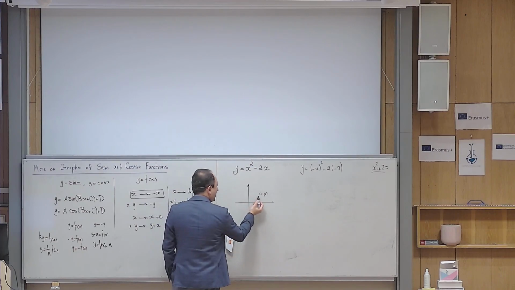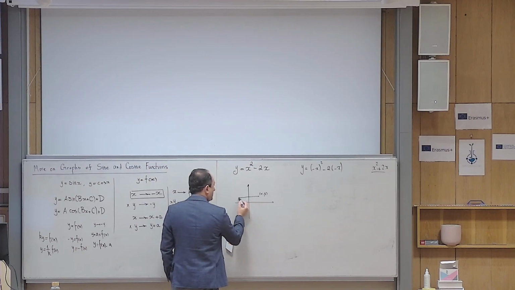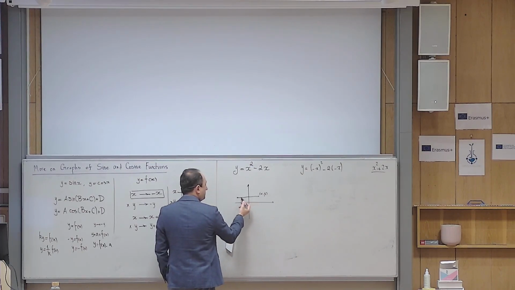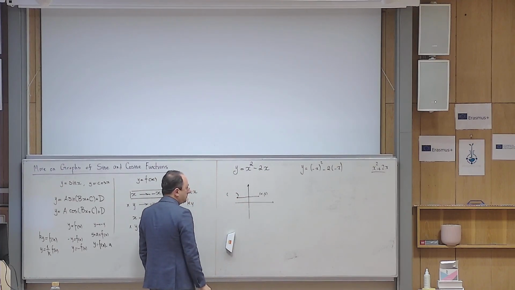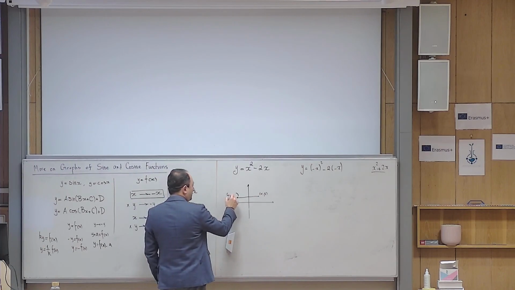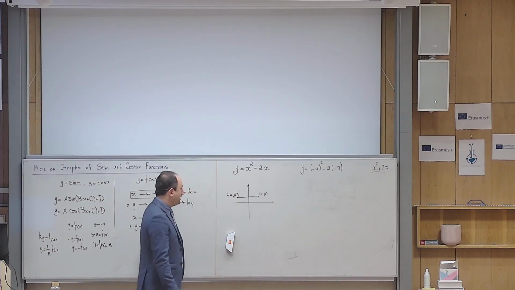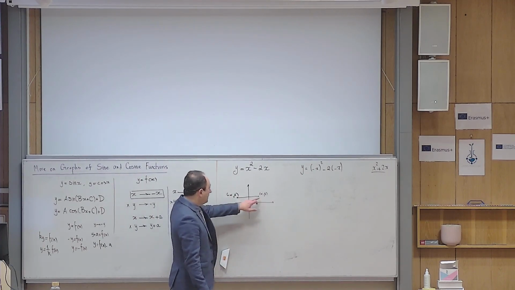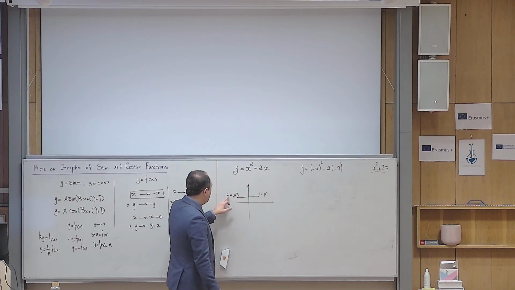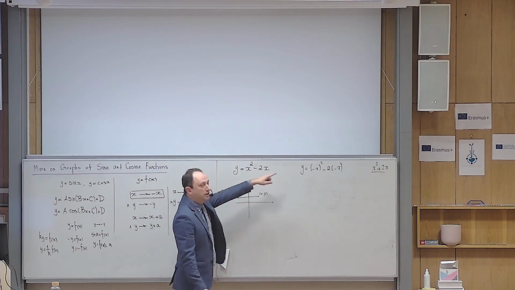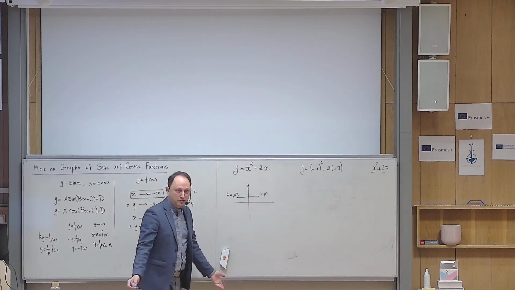My claim is that if you flip this about the y-axis, what are the coordinates now? Minus alpha and beta. My claim is that if alpha and beta is on this graph, minus alpha and beta will be on that graph.